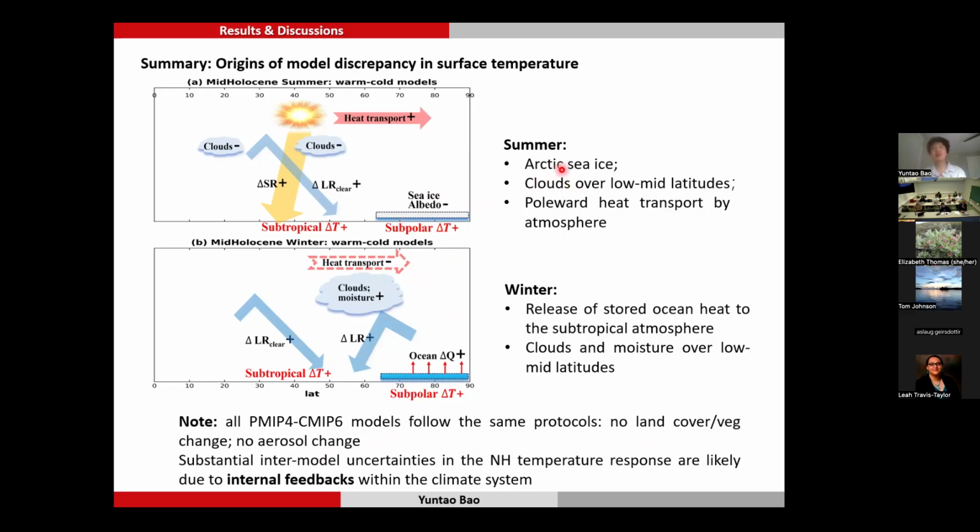We can call this either Arctic sea ice or cloud radiation feedback. All these are called internal feedbacks because they are not a direct response to the forcings, right? Even if we do not include all these other kinds of forcings, we still simulate a very warm Northern Hemisphere in some models, but a relatively cold Northern Hemisphere in most other models.